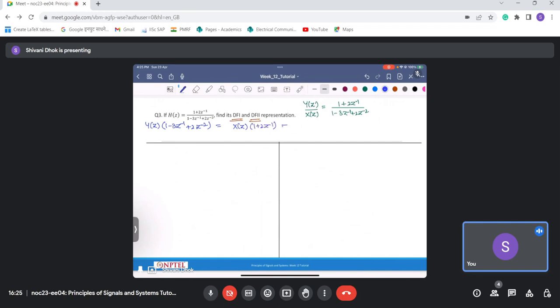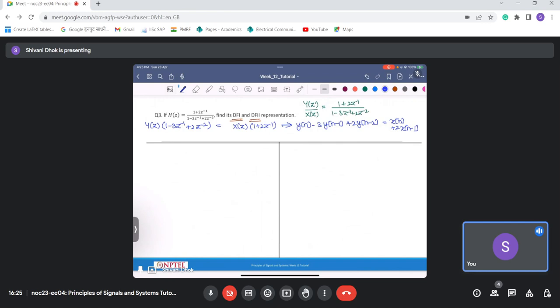Taking the inverse z transform, I have y[n] minus 3 times y[n minus 1] plus 2 times y[n minus 2] equal to x[n] plus 2 times x[n minus 1].